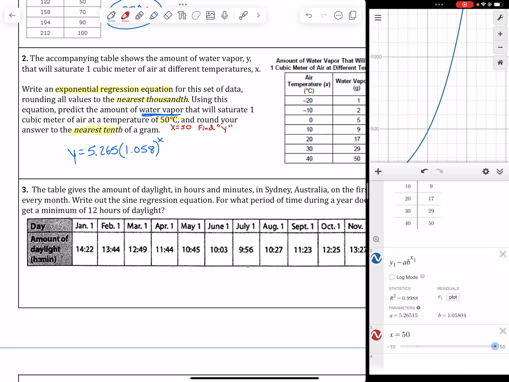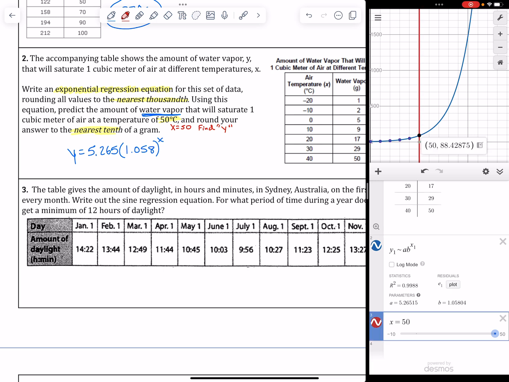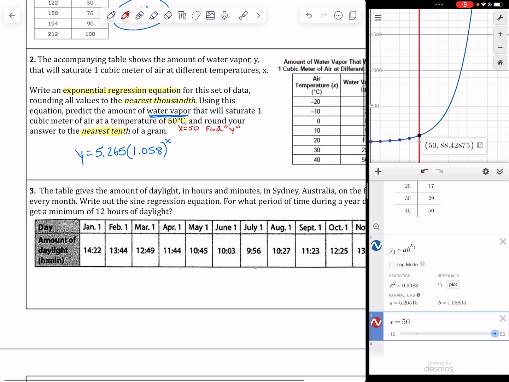So if X equals 50, I just need to find where those touch. My prediction equation is in blue, and my Y equals 50 is in red, and they touch at Y equals, which will be the water vapor in grams. So that's 88.4, because they said round to the nearest tenth of a gram. And so then that would be it for that question.